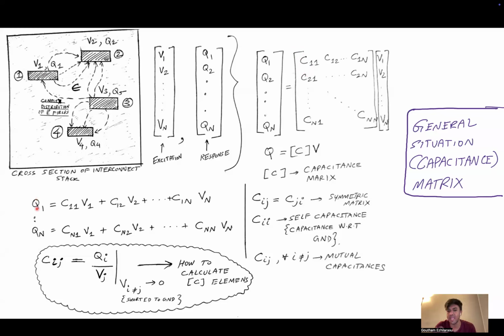And so the charge on any one conductor or any one signal line is going to depend on the voltage on that line times its self-capacitance, plus the effect of the voltages on the other signal lines because of the mutual capacitance between the conductor we're talking about and the remaining conductors. So that's how you can represent this.